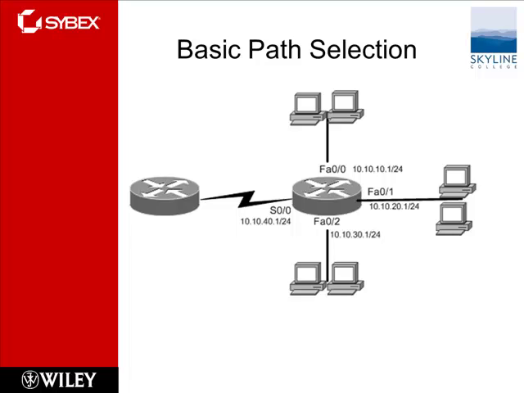If we're going from one location to the other, let's go out here, this one on the left. Let's start out with one of these workstations down here in FA0/2. They're on the 10.10.30 network with a 24-bit subnet mask, which tells us that 10.10.30 is the network address. If we went from one of those to a 10.10.10 address, the router would say, hey, I know how to get there because it's attached to me.